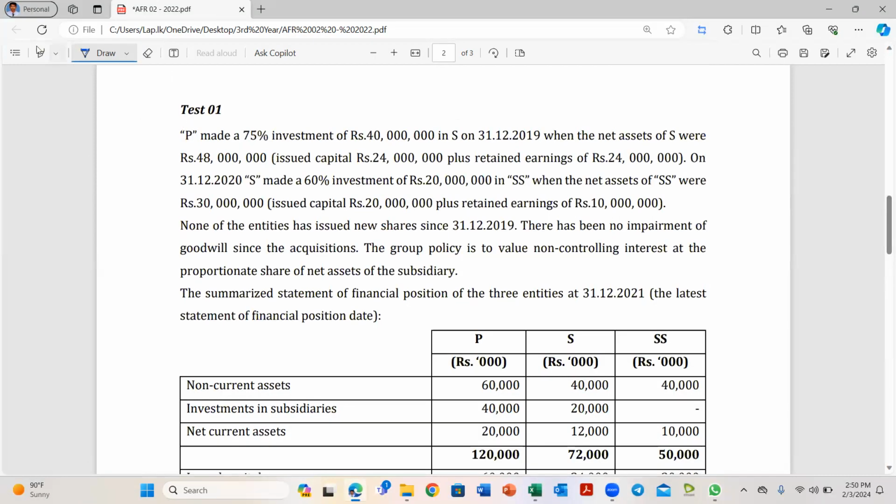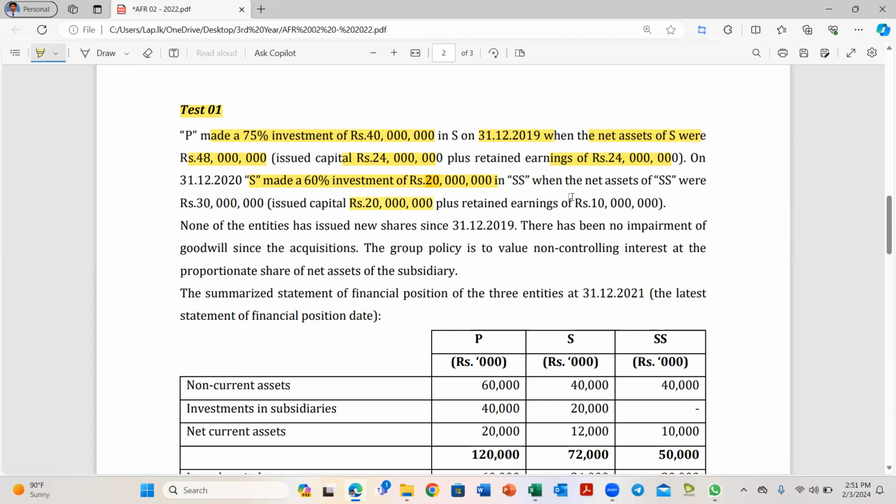Right. The test number 1: P made a 75% investment of 40 million in S on 31st December 2019, when the net assets of S were 48 million, share capital plus the retained earnings. On 31st December 2020, S made a 60% investment of 20 million in SS when the net assets of SS were 30 million.